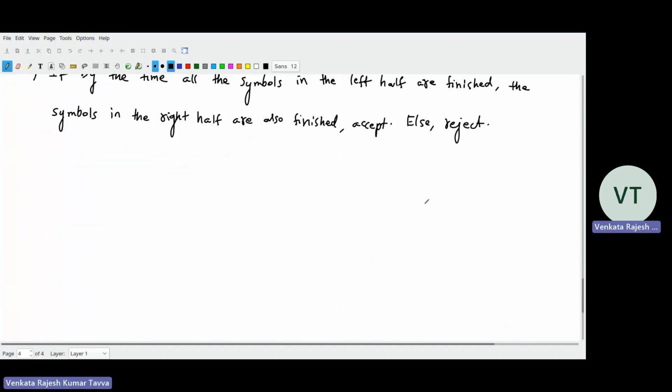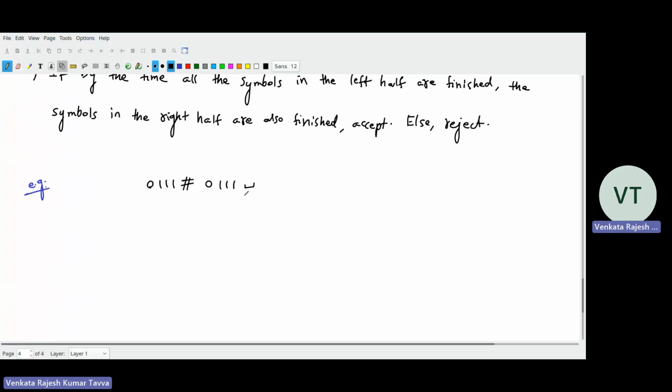Okay. So let's work out the example, and then it will be easier. Let's assume I have a string 0111 hash 0111 followed by blank symbols.